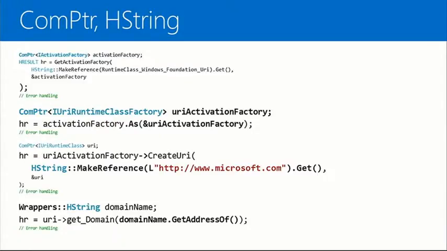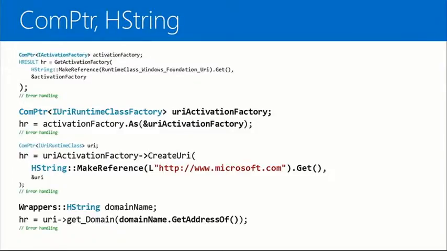And of course, the last one is you have a URI activation factory. You would call methods on IUriRuntimeClassFactory just using the overloaded arrow operator. It's as if it is IUriRuntimeClassFactory. Then there is this HString, MakeReference. All of you have heard about HString throughout today.